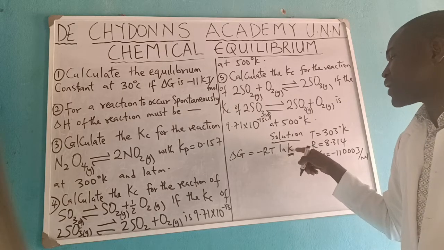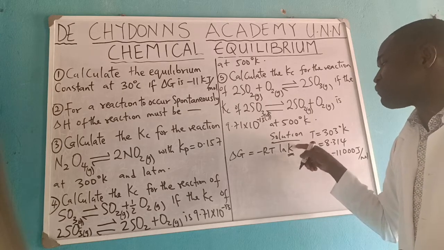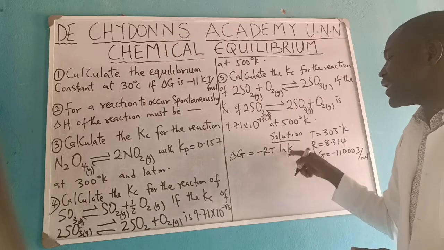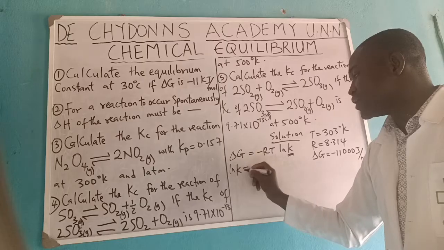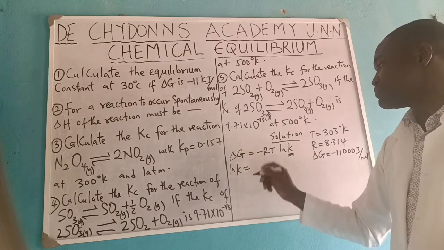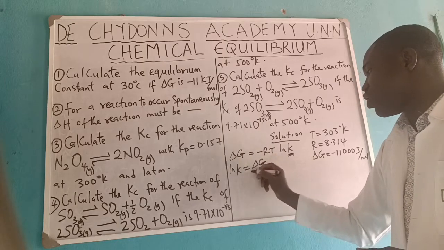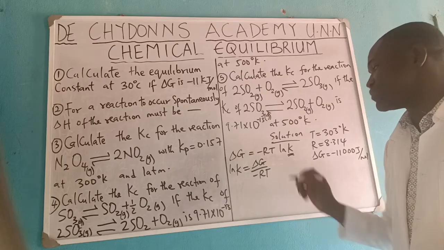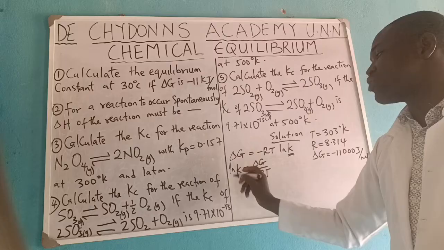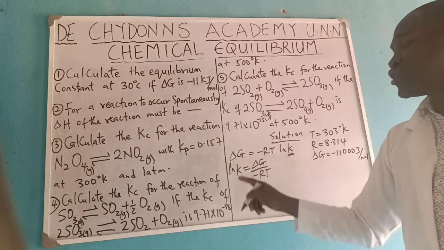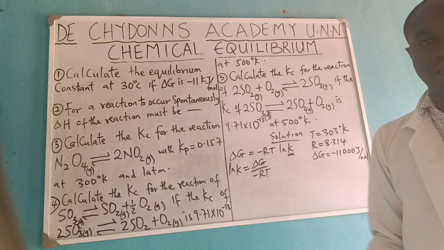Now, we have to make ln K the subject of the formula. How can we make ln K the subject of the formula? We say ln K is equals to change in G all over minus RT. Now, if you are removing ln from one side of the equation, the opposite of ln is exponential.